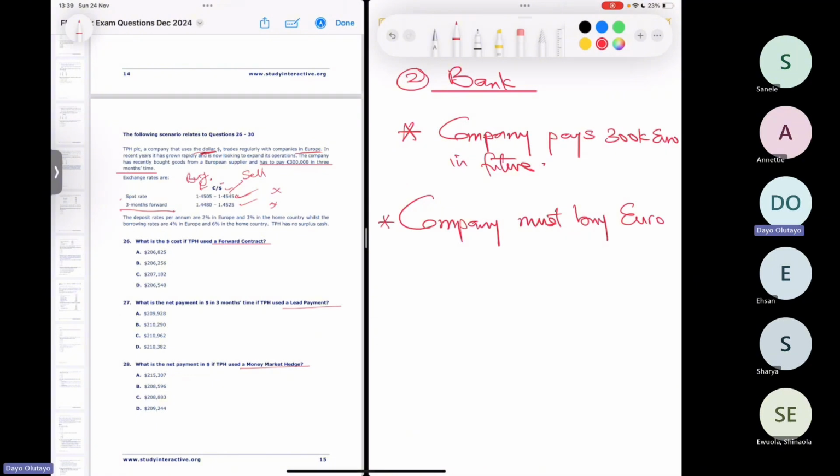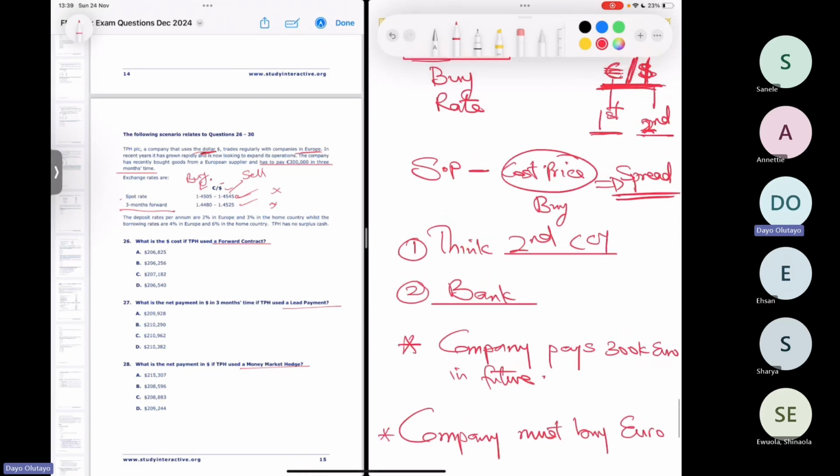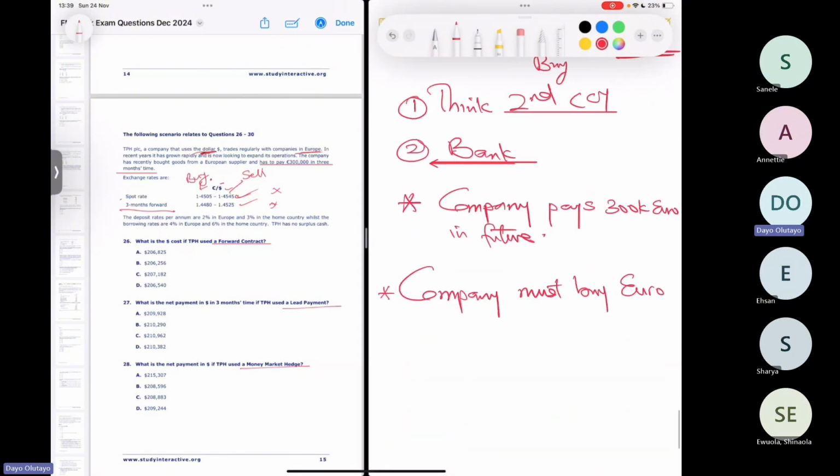You know that. However, that does not help us yet because we want to talk about second currency, which is dollars. And we want to know what bank is doing, whether bank is buying it or bank is selling it. The only thing we know is company is buying euro. But if company is buying euro, then the company must be selling the other currency. So which means company must sell dollars.